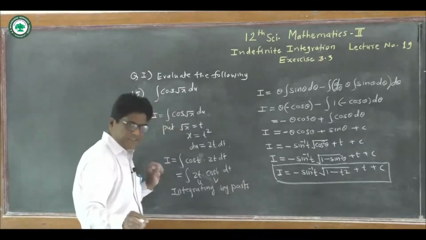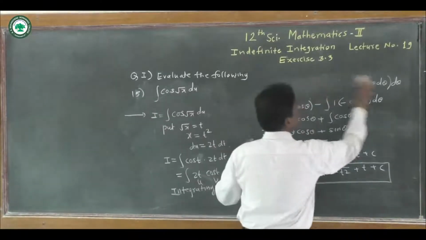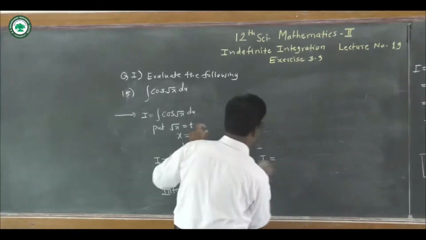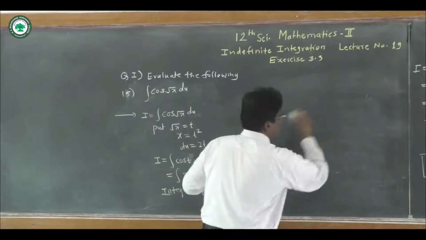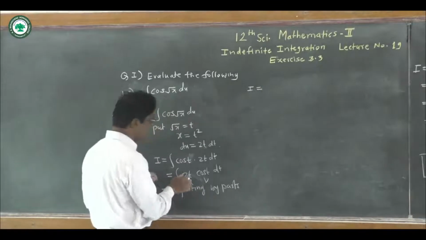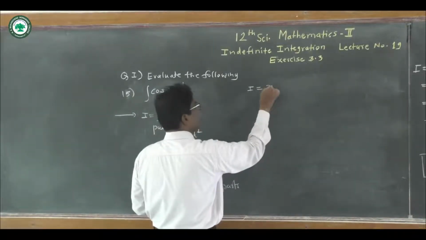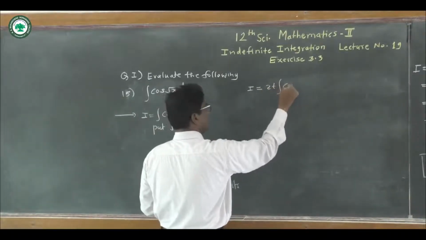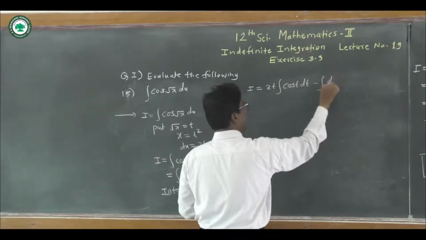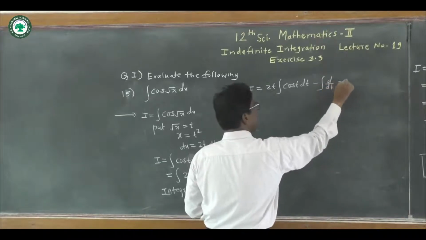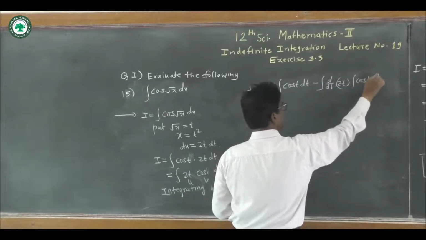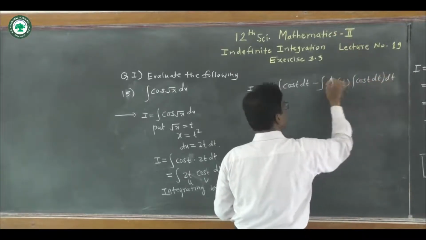and therefore we get the required integral I is equal to u, which means here 2t, into integration of v, cos t dt, minus integration of d by dt of 2t into integration of cos t dt with respect to t.